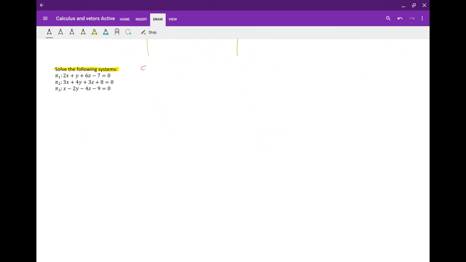So I'll check for parallels, okay? So I'm going to do plane 1 and plane 2 parallel. Well, let's see. Is 2 over 3 equal to 1 over 4? No. Remember, when checking for parallel, you just do ratios of the components. And as soon as you get a non-equal sign, you know that they're not parallel.